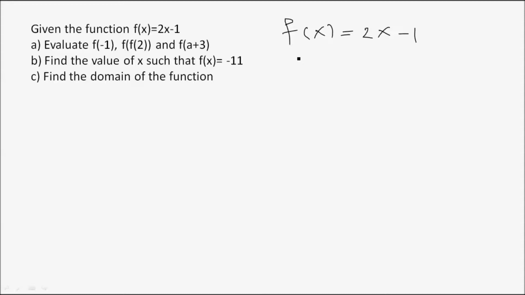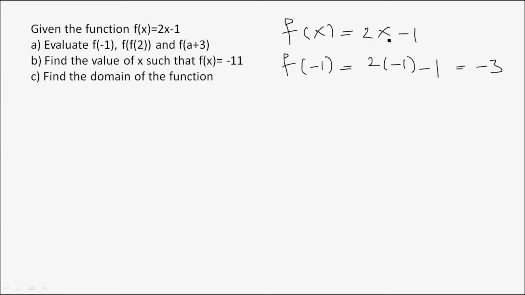So for example, if you give it -1, it will double that and then subtract 1 from it, and it will give you -3 as output. So you see, the value that you have here within parentheses, you're gonna plug that into the function.